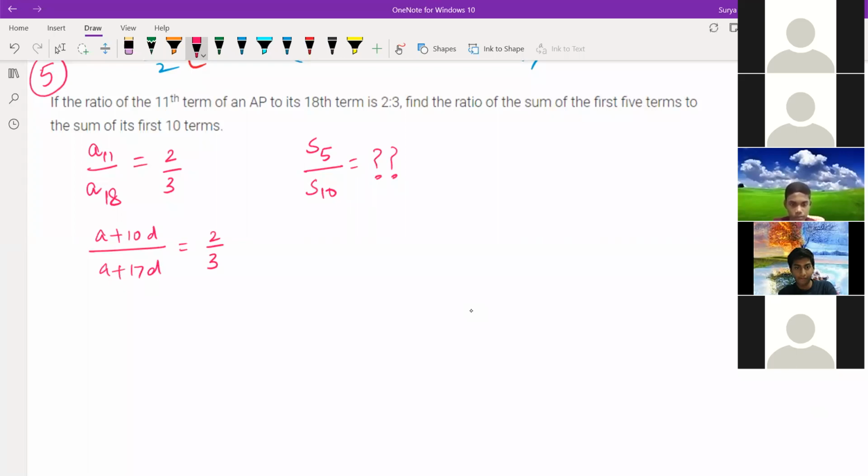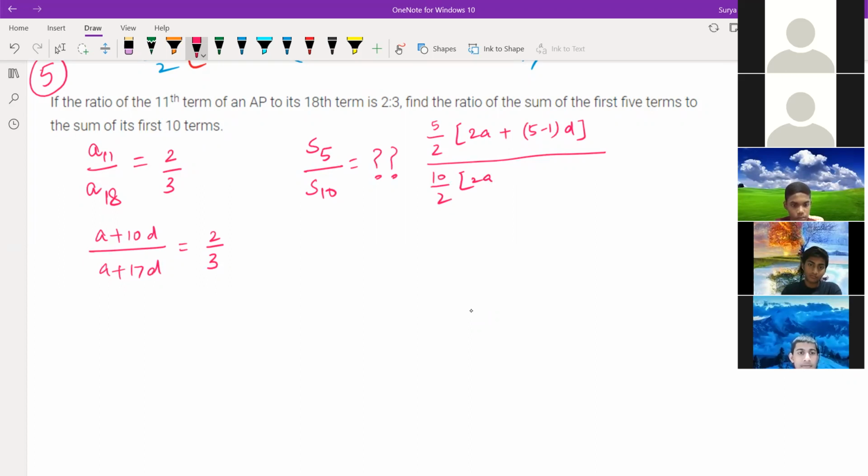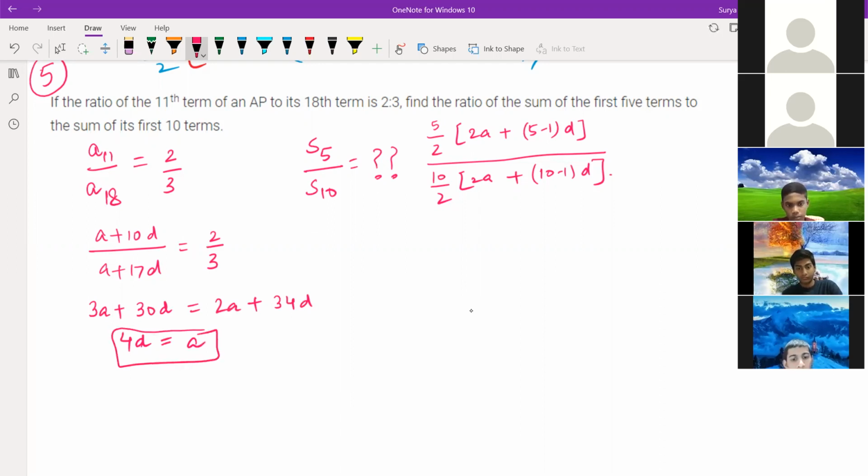So from here you should get 3A plus 30D is equal to 2A plus 34D. So A is equal to 4D. So S5 is nothing but 5/2 into 2A plus 5 minus 1 into D, whole divided by 10/2 into 2A plus 10 minus 1 into D. Instead of A we can write 4D, put the value and get the answer.